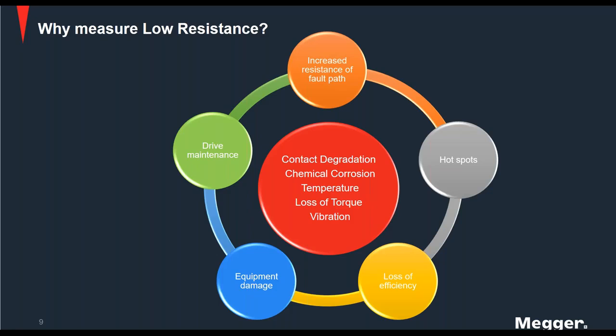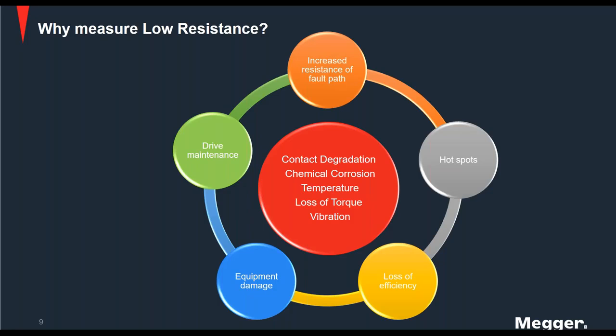Now on the outside ring, you can see some key effects of not having a low resistance. Let's start at the very top. That talks about increased resistance of the fault path. If you have a grounding system, be that in an industry or a refinery or a plant or any of that matter, or even out in the power system, in the power grid, you have grounding systems designed specifically to ensure safety for personnel and equipment, such that if there's any fault, that fault current will pass through your fault path.